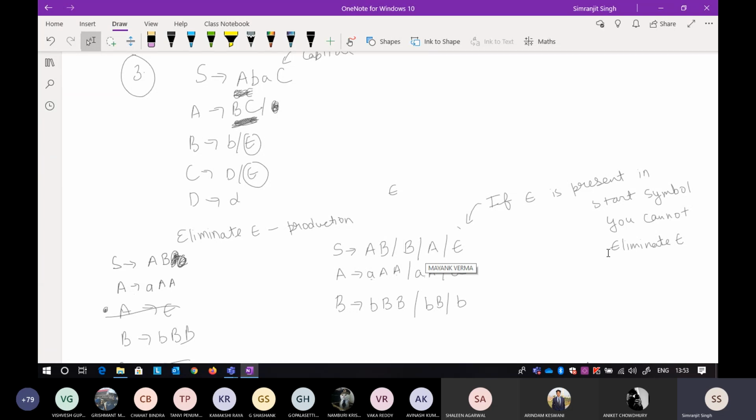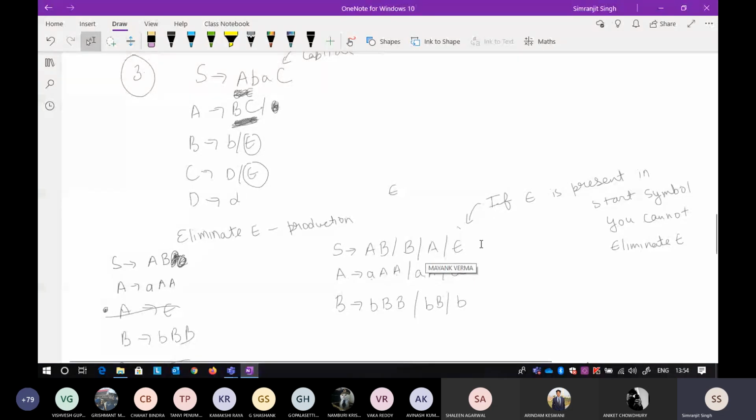Then you have to find another way to get rid of it, and you have to design specifically for this starting symbol. If the epsilon is contained in the starting symbol, you have to modify your algorithm specifically. So this is the only exception that comes in. Most of the time every student will get confused in this thing.